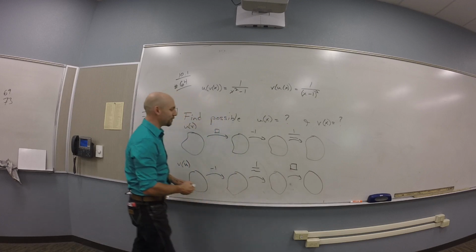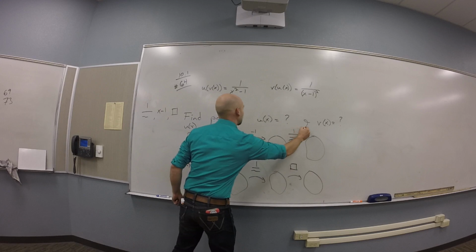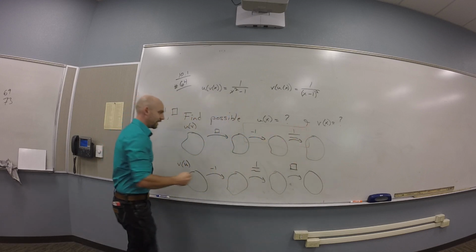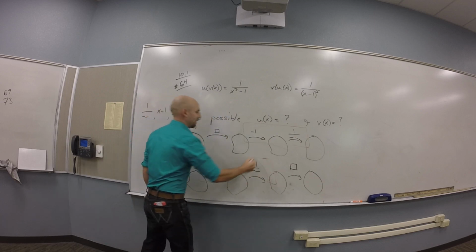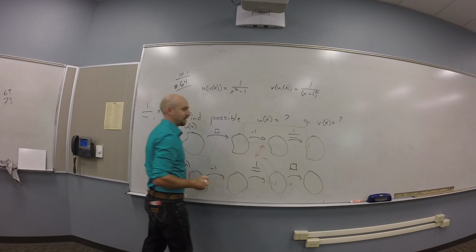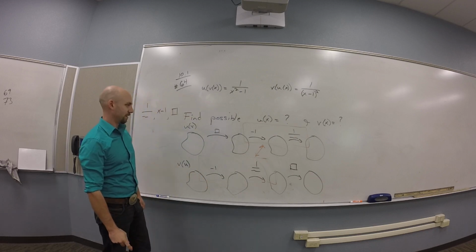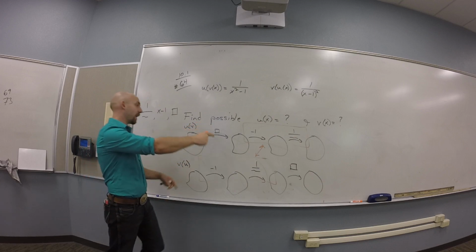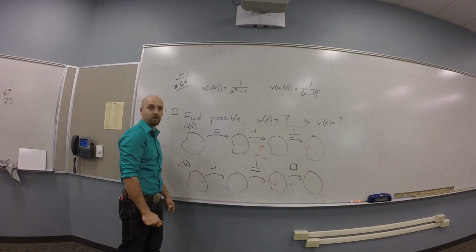And now I think it should be pretty clear that this guy and this guy agree, right? You guys see that? So which thing was that supposed to be? 1 over x minus 1, that could be u, right? That could be the thing that happens second up here, so that's u, and first down here, so that's also u.